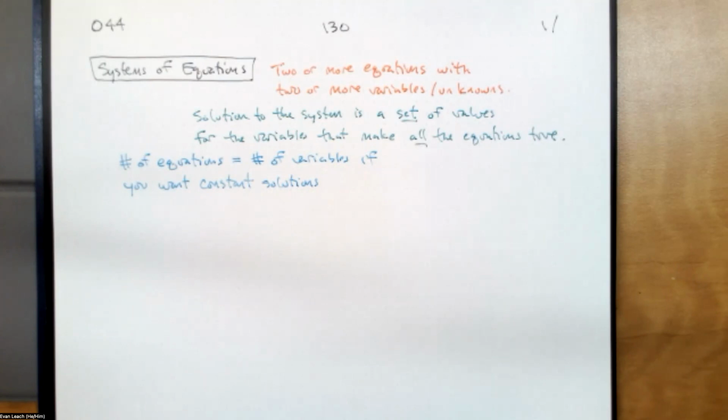So if I have one equation that has two variables in it, there's too many things that could happen. There are a lot of solutions.